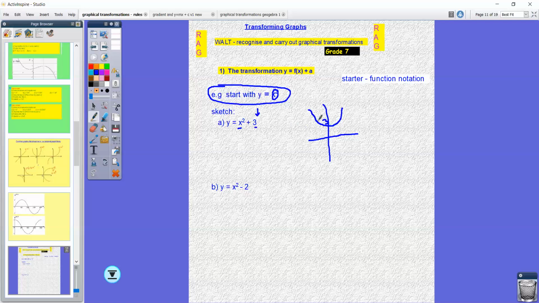So, tracing that original y equals x squared graph, I'm doing this with a mouse, it's like tracing it and moving up 3 units because each y coordinate has had 3 added onto it. So the rules are there as a little safety net, but really we want the understanding. We don't want to be relying on that.